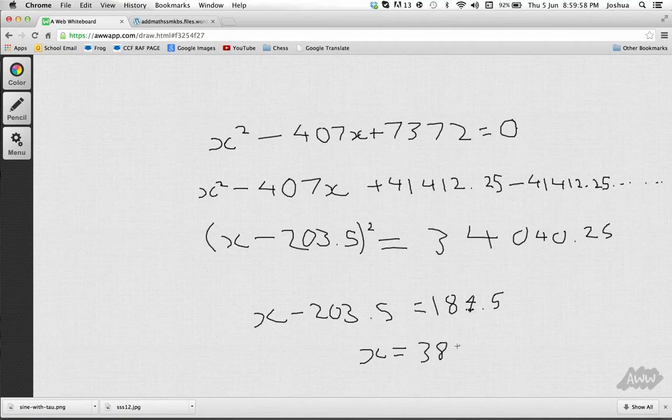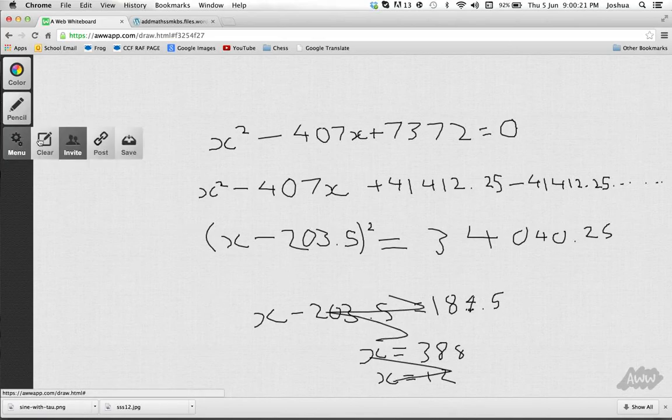And the other solution should be 19, I think. I'll just check that. Minus 203.5. Yep, you get 19. At some point you'd have to make sure you get stuff the right way around, but that should give you the approximate solutions.